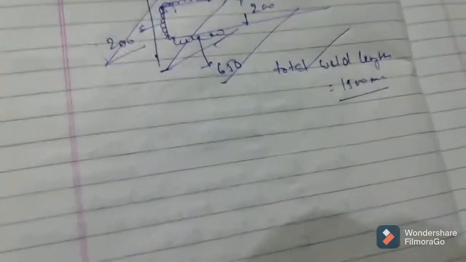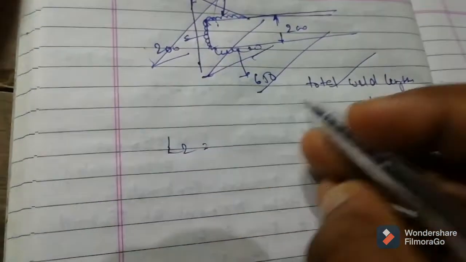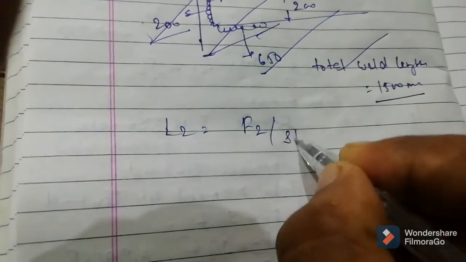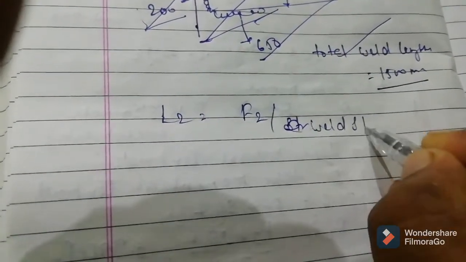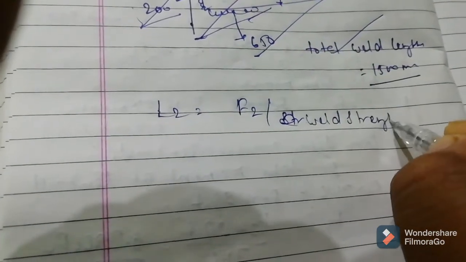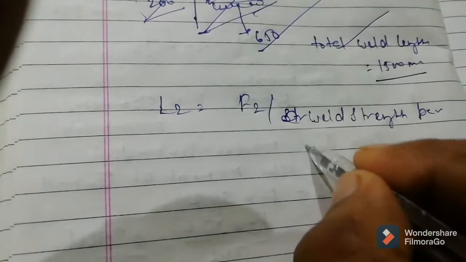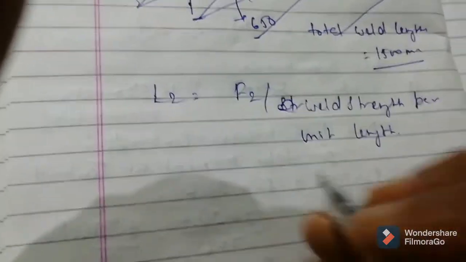So length L2 equal to F2 upon weld strength per unit length.